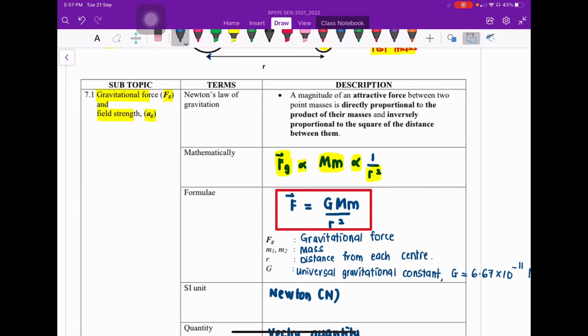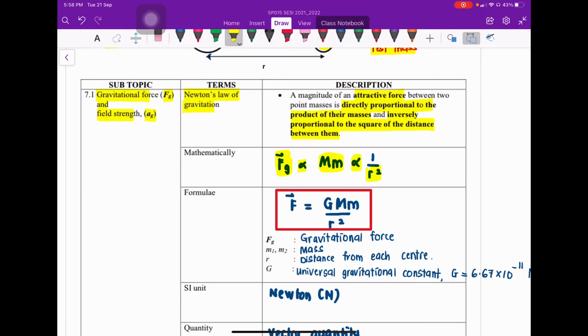Alright, so next, Newton's law of gravitation. The magnitude of the attractive force between two point masses is directly proportional to the product of their masses, and inversely proportional to the square of the distance between them. So we can write it mathematically.